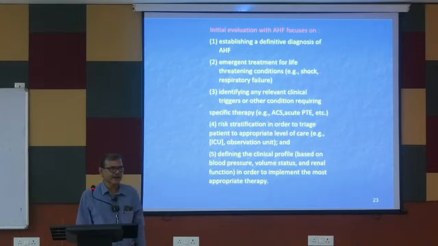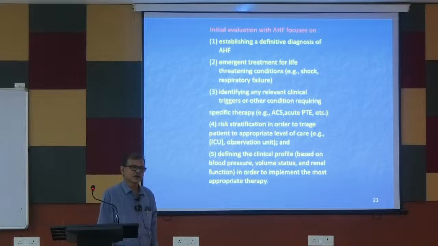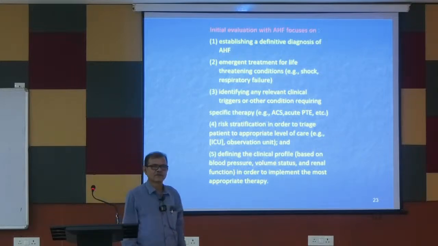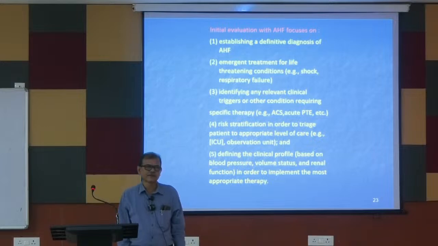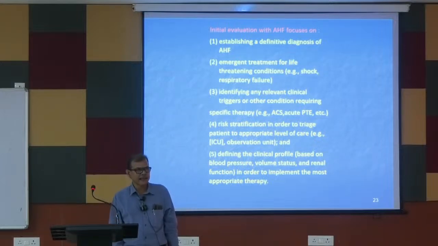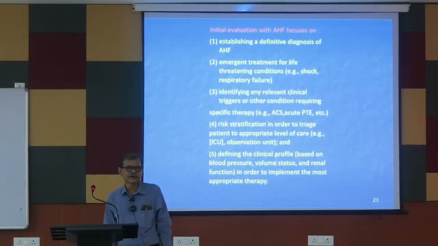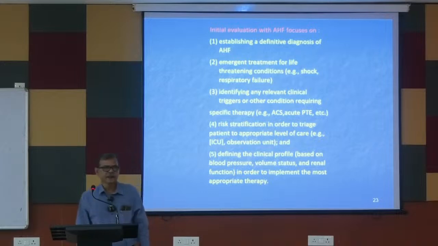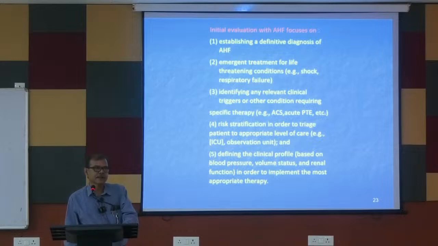So, assessment of acute heart failure should be focused on two clinical aspects. Number one, assessment of chronic hypoperfusion as well as assessment of chronic congestion. In the previous class, I discussed in a chart how we assess. Now, at present, the point is clinical assessment.